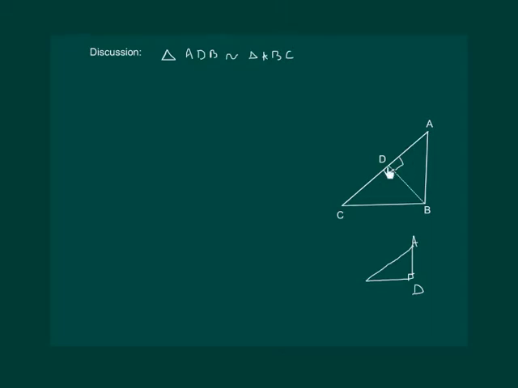The third vertex of the smaller triangle is B, so B should lie here. Now it becomes very easy to write the ratio of the corresponding sides. We will have AB by AD equal to BC by DB equal to AC by AB.